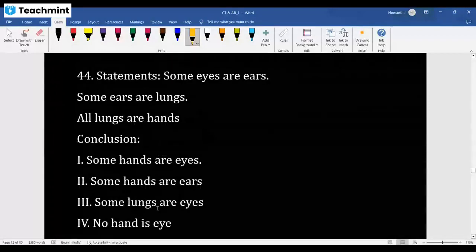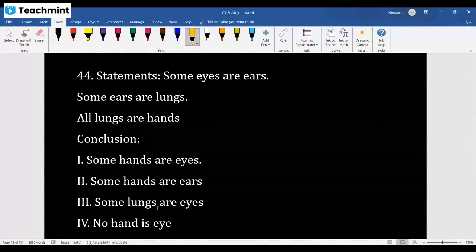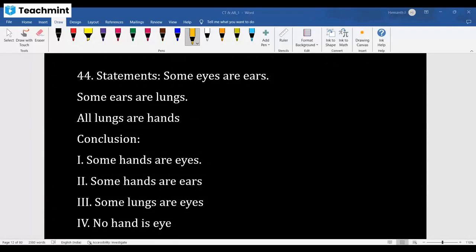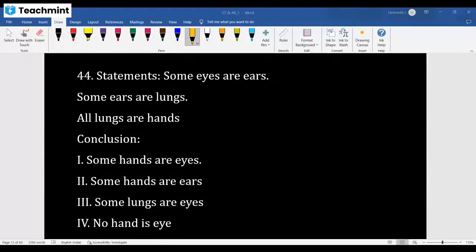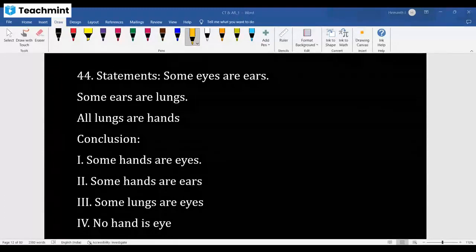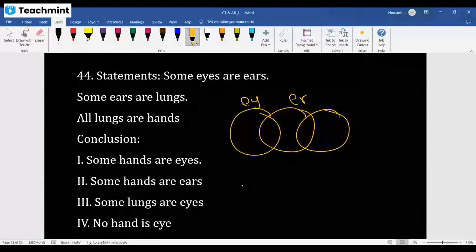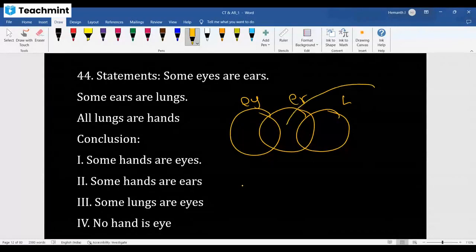Some eyes are ears, some ears are lungs, all lungs are hands. So see this. Which one is correct? Some eyes are ears, some ears are lungs, all lungs are hands.